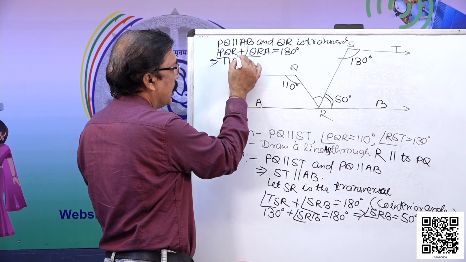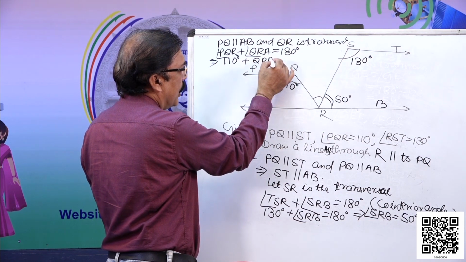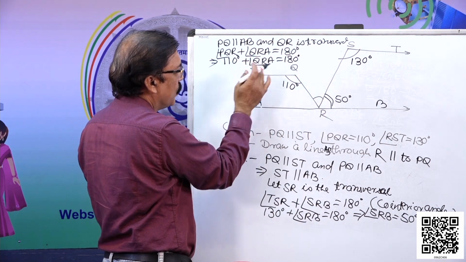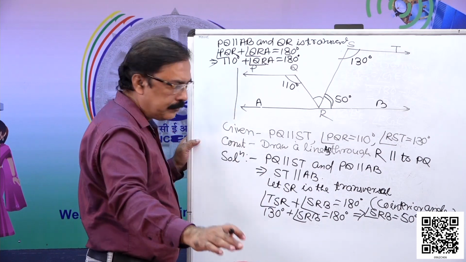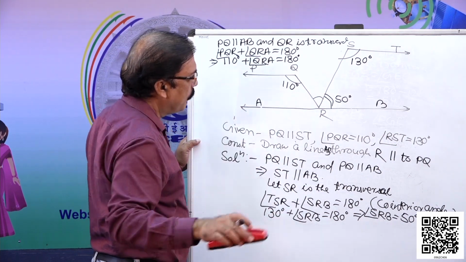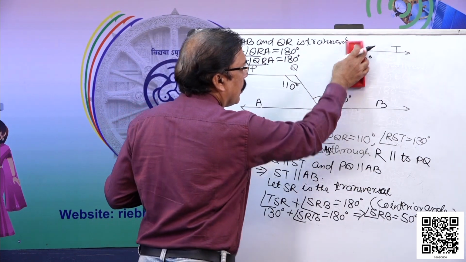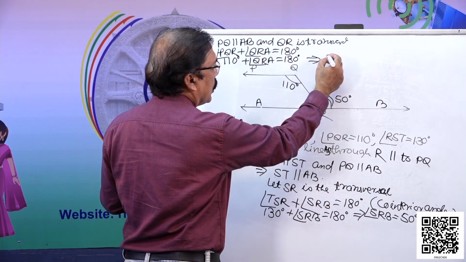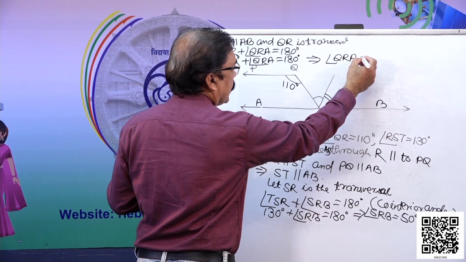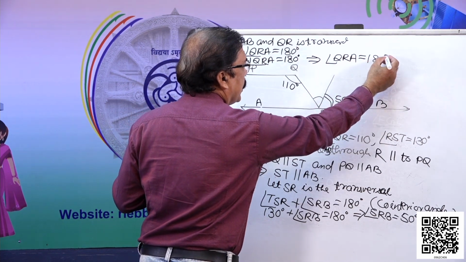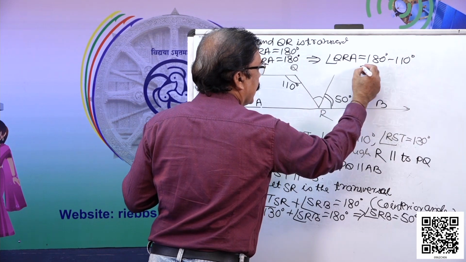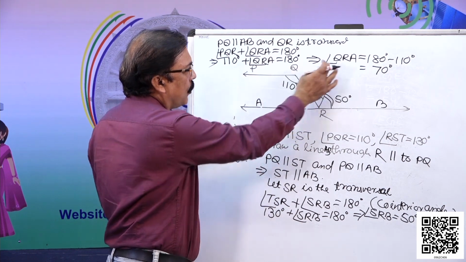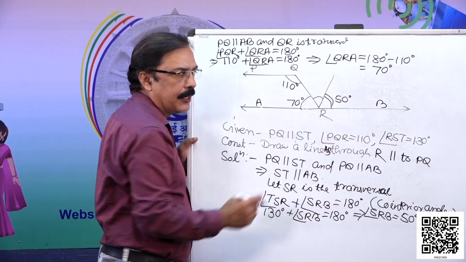So 110 degree plus angle QRA is equal to 180 degree. This shows angle QRA is equal to 180 minus 110 degree, that is 70 degree. So angle QRA becomes 70 degree.